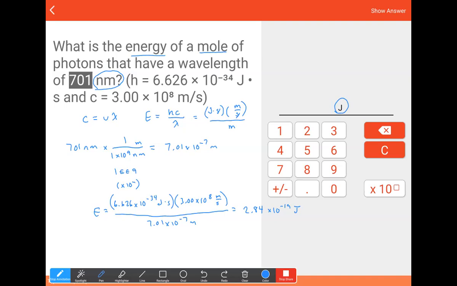Now, that is for one photon. This is the energy of a photon. Now I want the energy of a mole of photons. So that's going to be the energy of a photon times 1 mole of those, which is Avogadro's number. So we're going to say 2.84 times 10 to the minus 19 joules times 6.02 times 10 to the 23rd.